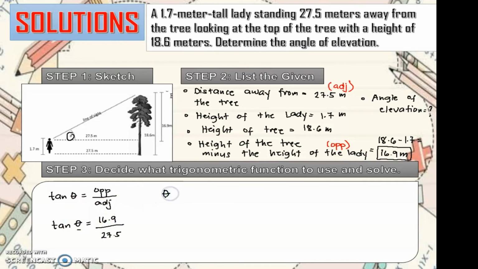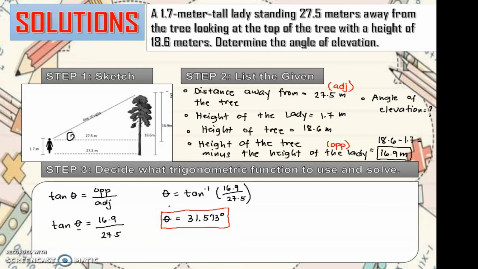So theta equals inverse tangent of 16.9 over 27.5. So you're just going to solve this using your calculator, and if you press the equal sign, it will give you an answer of 31.573 degrees. And that is already your angle of elevation.